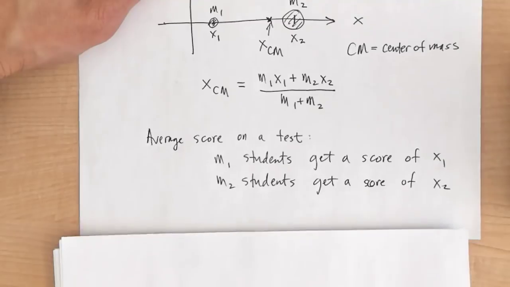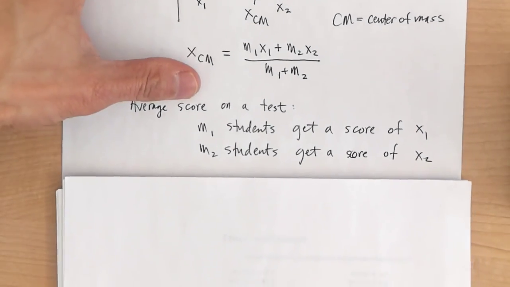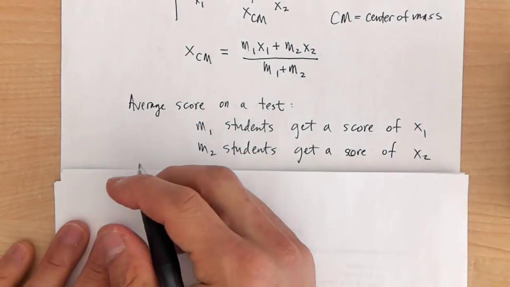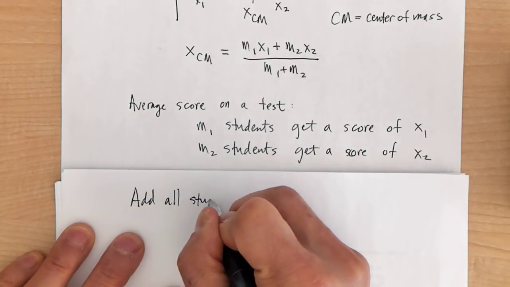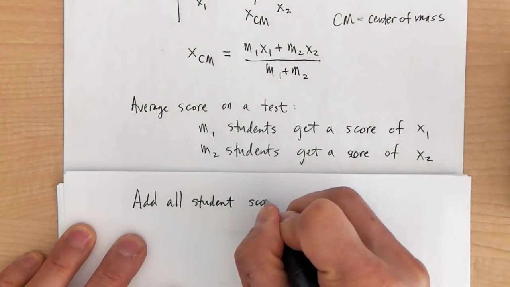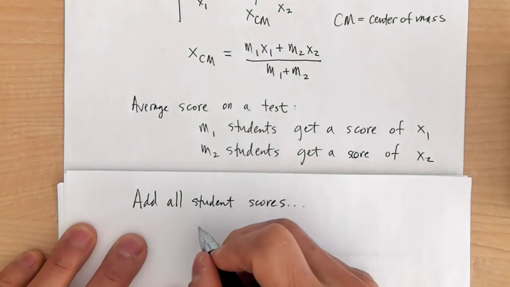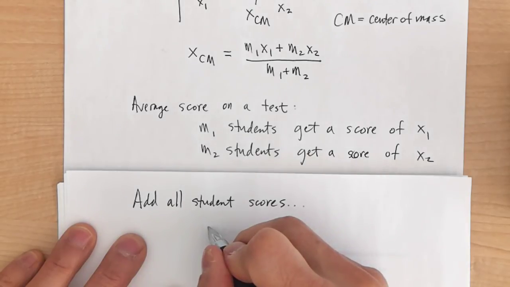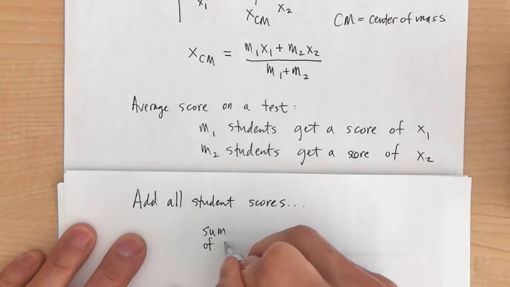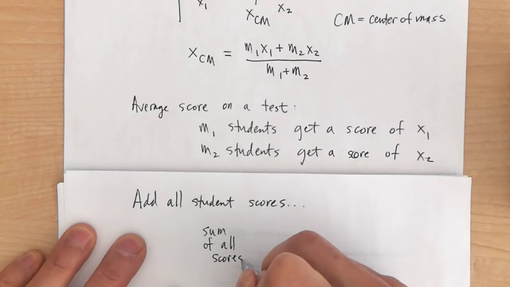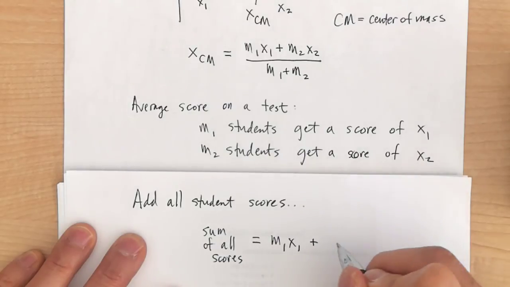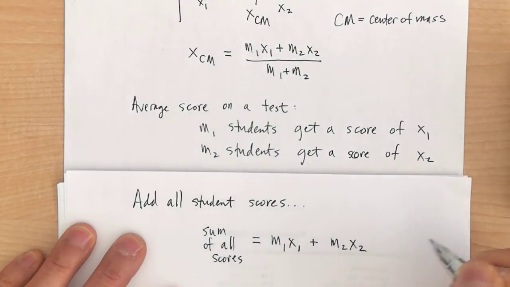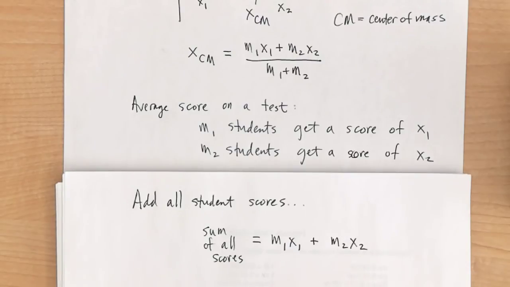Okay? Then if I wanted to calculate the average score of all the students on this test, what I would do is I would add all the scores. Add all student scores. To add all the student scores, the sum of all scores is equal to M1 students get a score of x1, and then we have M2 students get a score of x2. That will be the sum of all scores, M1 x1 plus M2 x2.